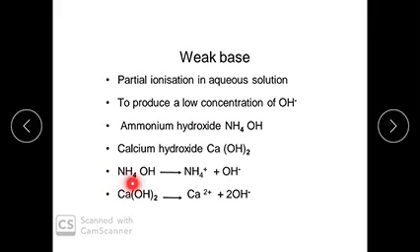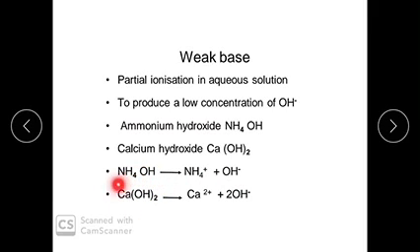Okay, let us see here. Generally, this ammonium hydroxide does not dissociate fully into ions like ammonium plus and OH minus ion. Ammonium hydroxide and calcium hydroxide dissociate only to a small extent, producing ammonium plus and hydroxide ions.